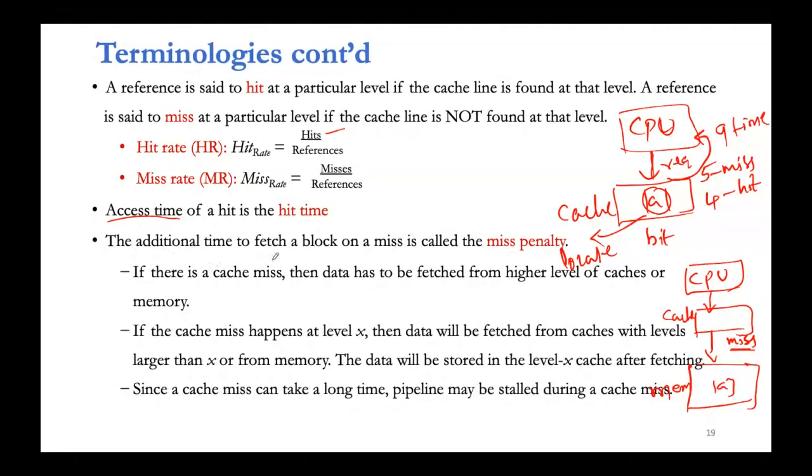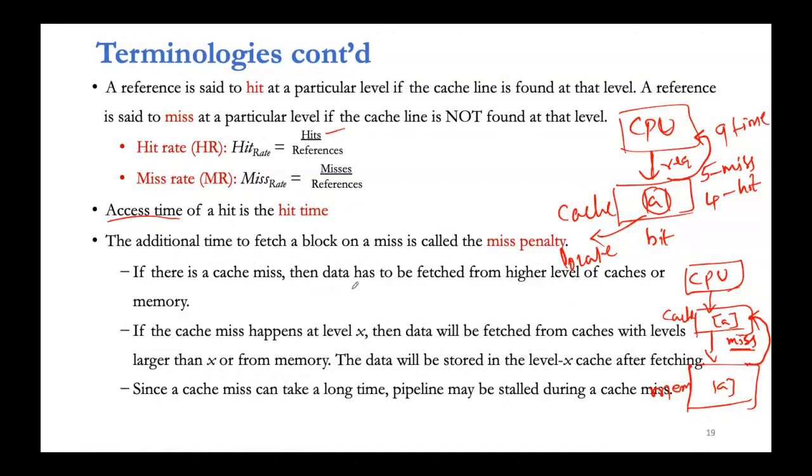So what is this miss penalty? The additional time to fetch a block on a miss is called the miss penalty. So to locate A here and send it back to your cache, and then the cache will store it, this time from memory to the cache, the load or response time, we call the miss penalty.